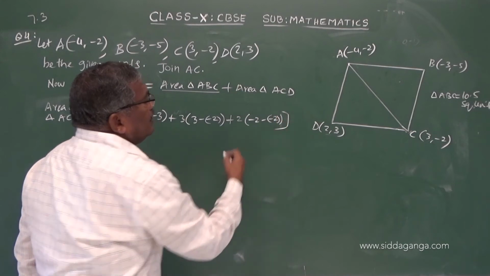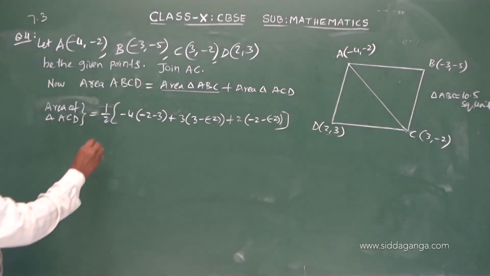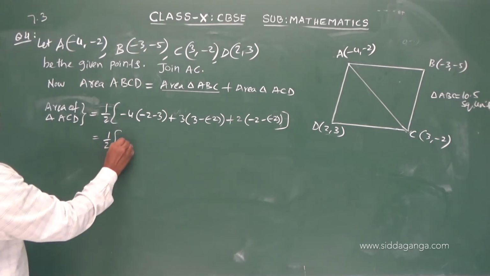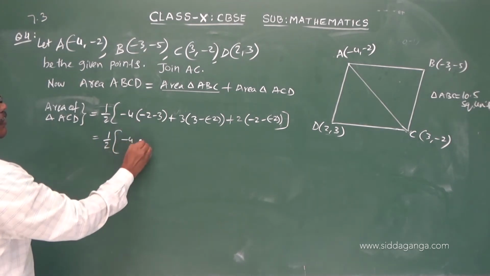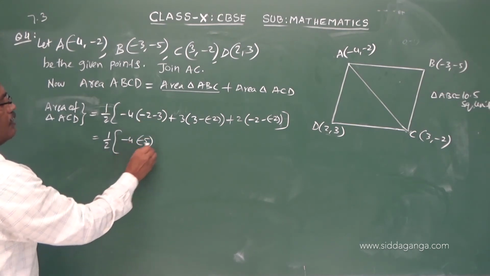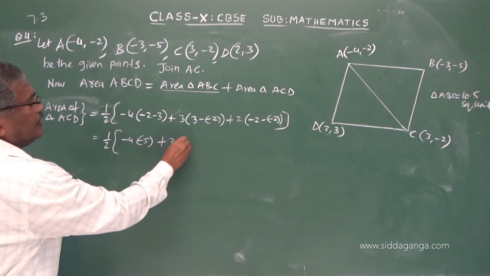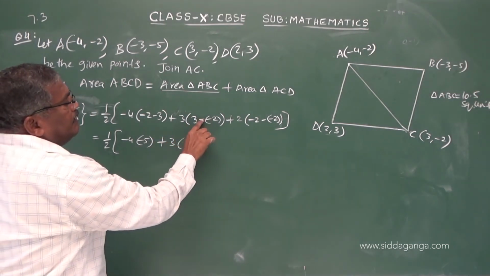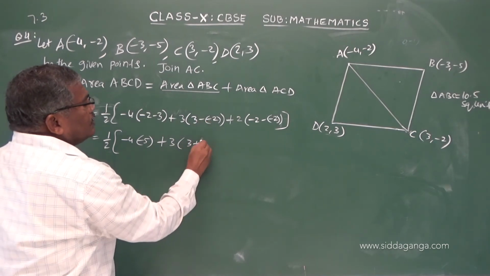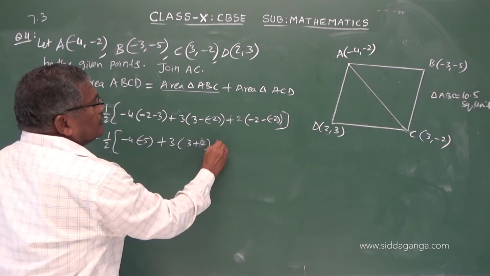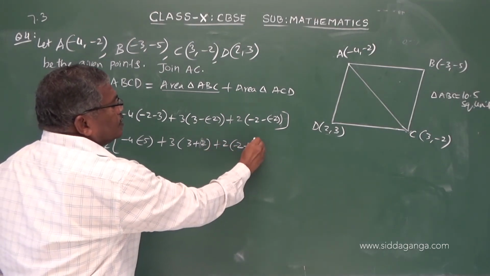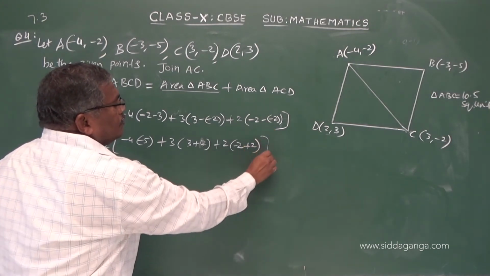So you will get 1 by 2 into minus 4 into bracket minus 2 minus 3 is minus 5, plus 3 into 3 minus of minus 2 is plus 2, plus 2 into minus 2 plus 2.